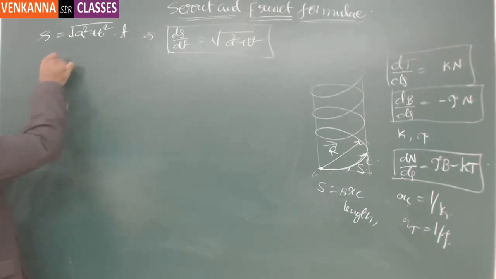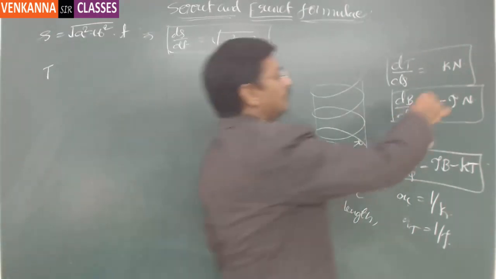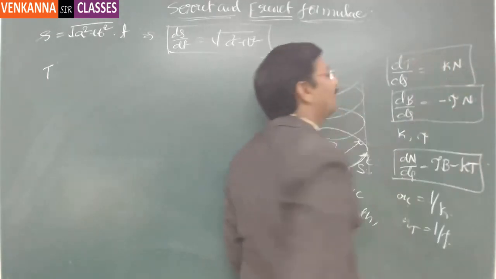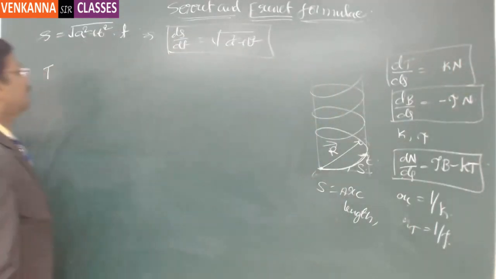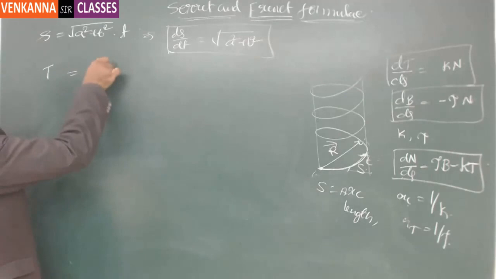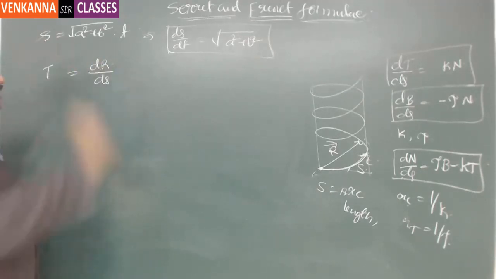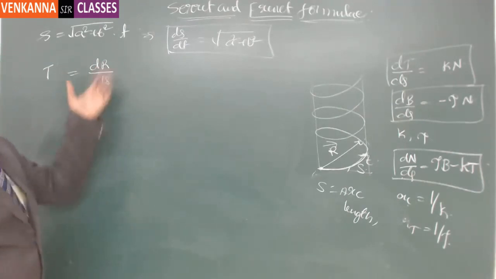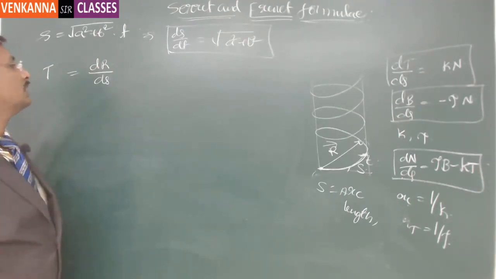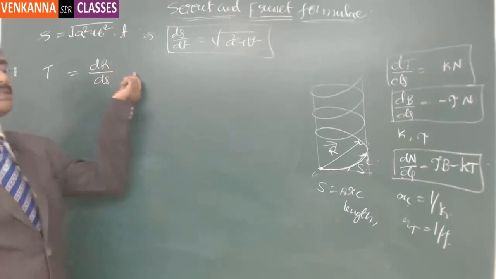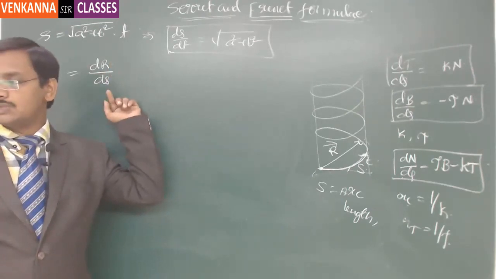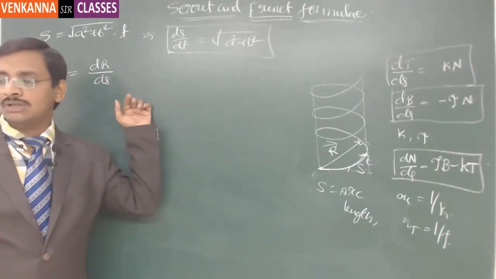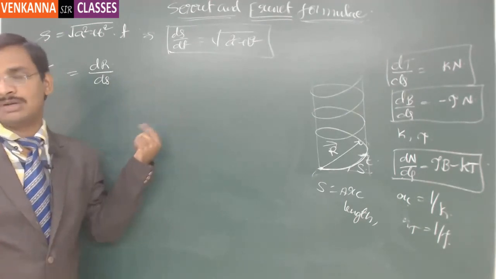Now the tangent vector. To find the k value you have to calculate dT by ds, but the tangent is dr by ds, the unit tangent vector. I have explained this in the previous class. Dr by ds gives a unit tangent vector, because as t tends to 0, s also tends to 0, and dr by ds leads to the same arc length for the same chord, right?